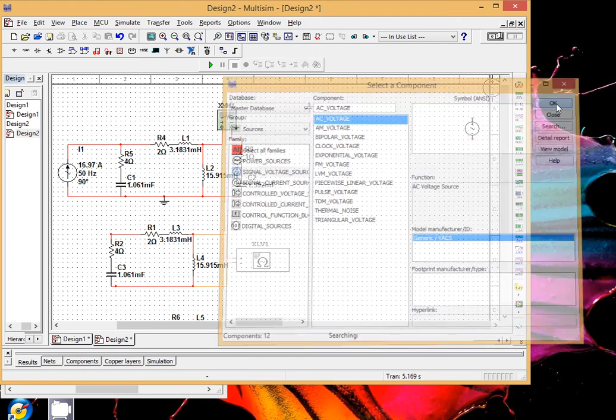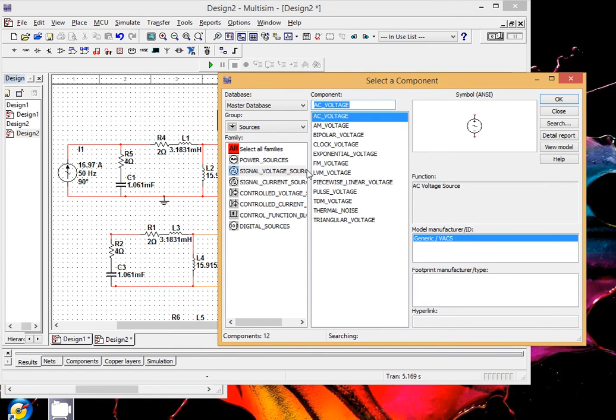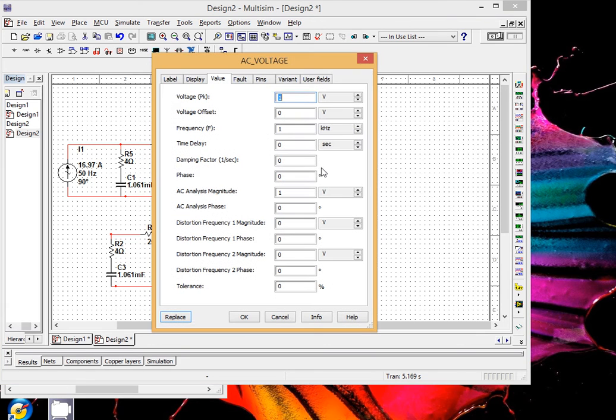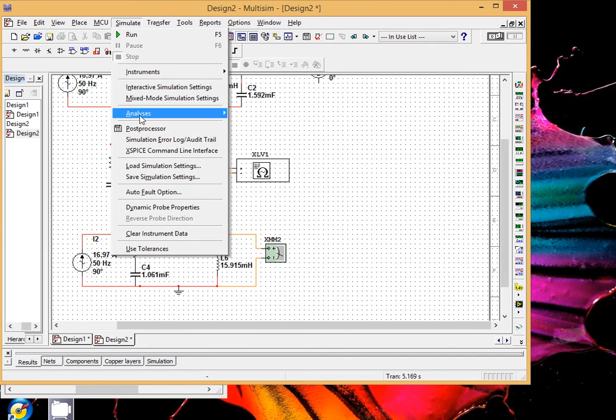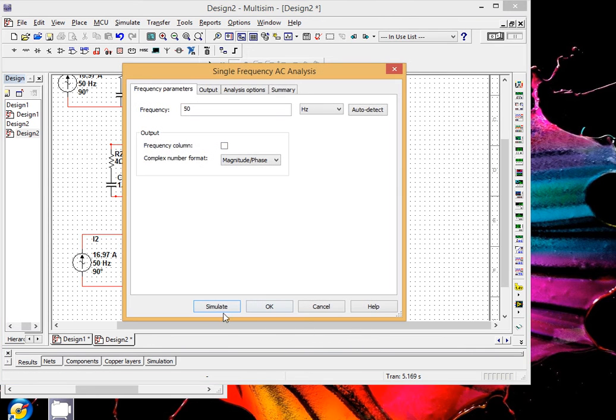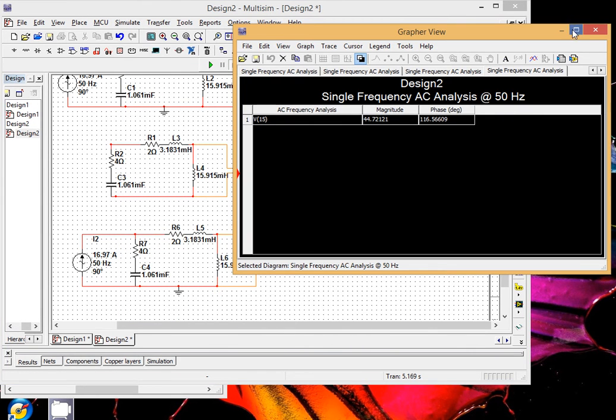So AC voltage, this one should be 44.72, and then angle is 116. So this part should be the value that you get from the single frequency AC analysis. Yeah, this value.